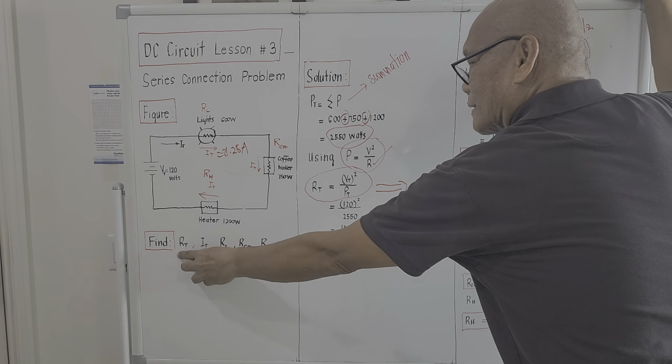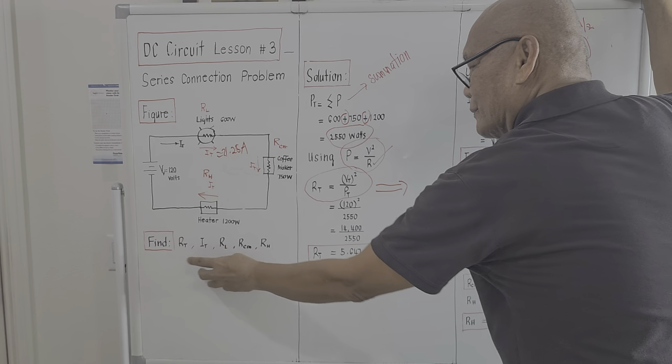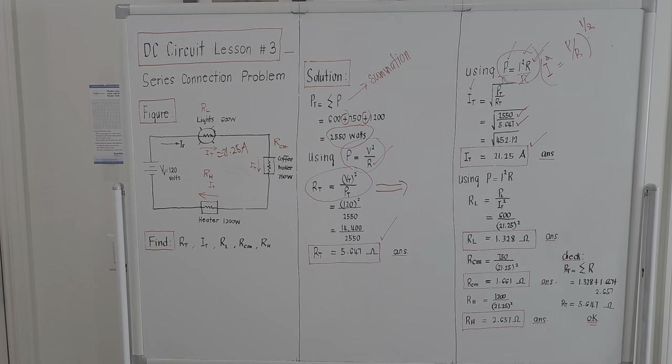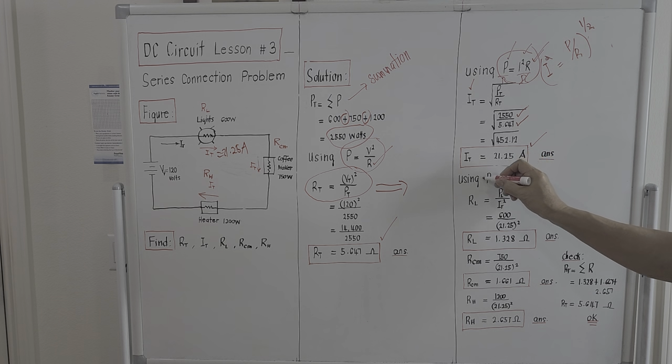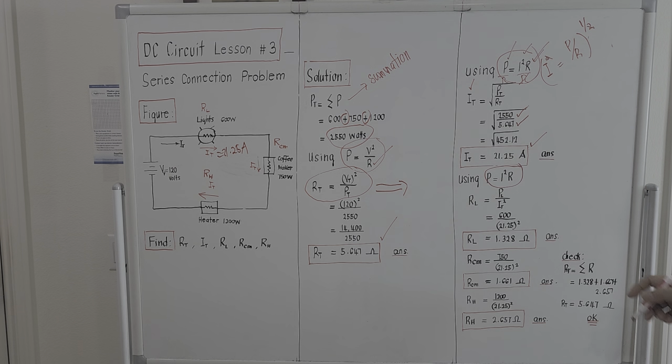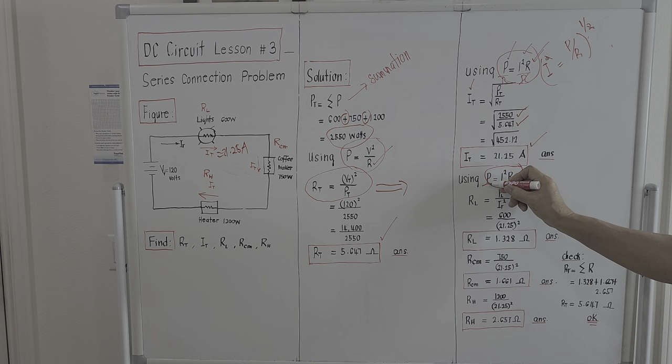We have computed our I total already, and the problem is asking what are the individual equivalent resistances of each load. So again, by using the same relation, power is equal to I square R. If we compute for R, we divide both sides by I square.